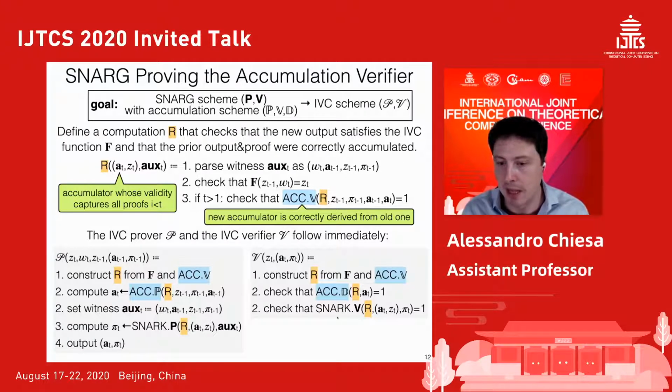And by checking the snark verifier on this recursive computation, that's exactly what we establish. If this accepts, it means that in the past, we always accepted in the accumulation verifier. So with these two statements, we can infer that all the snark proofs in the past were correct. And for R not to blow up in size step after step, we only have to worry about the size of the accumulation verifier. The accumulation decider is only used outside, in the IVC verifier, and so it doesn't have to be succinct.